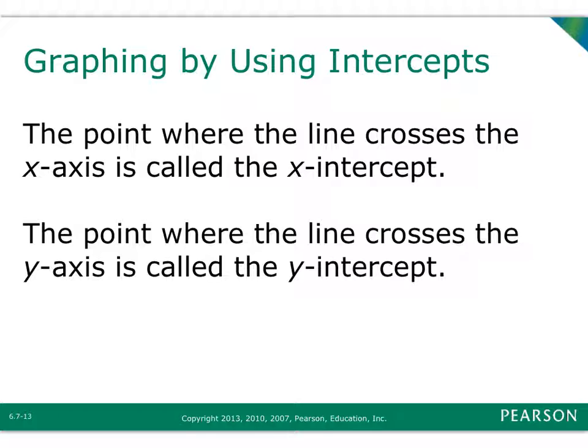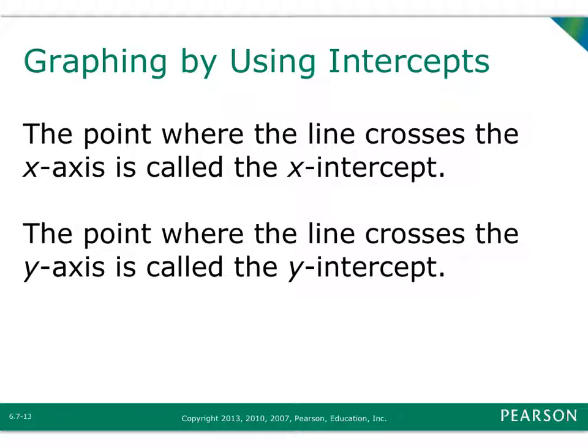That is, the point where the line crosses the x-axis is called the x-intercept. The point where the line crosses the y-axis is called the y-intercept. Typically, these points are the following.